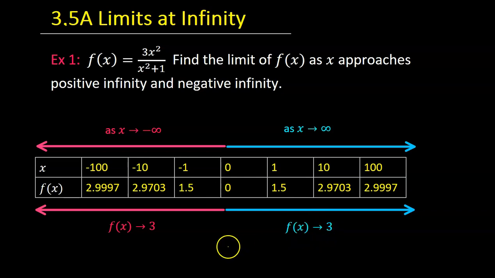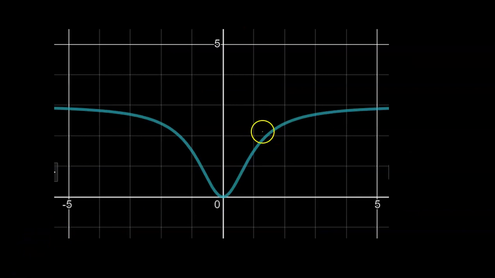But let's take a look at the graph to see what's going on. Looking at the graph, the function does seem to approach 3 as the x values increase, and it seems to approach 3 as the x values decrease. When that happens, this is called a horizontal asymptote.